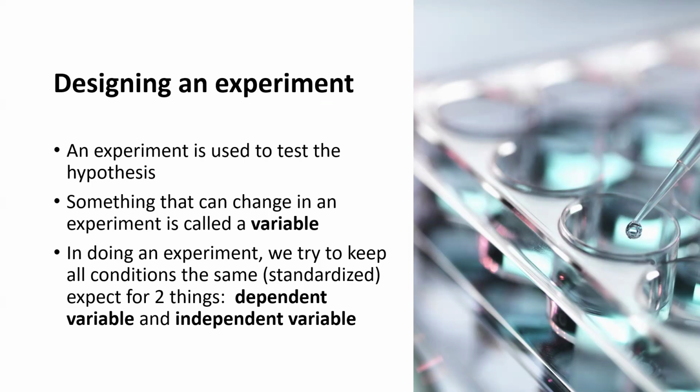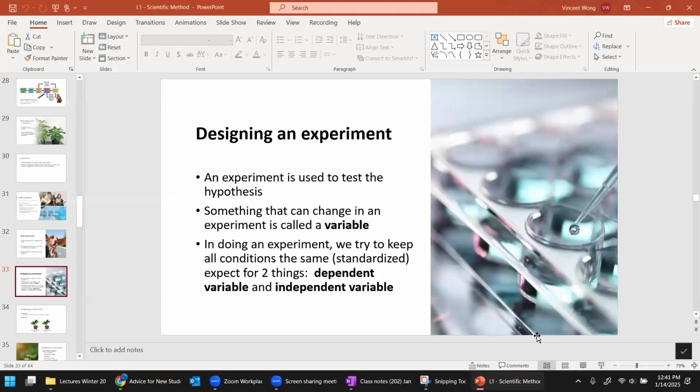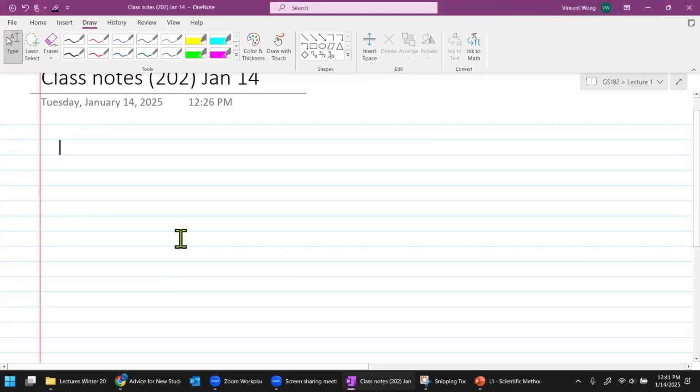We try to standardize them, except for the dependent and the independent variable. So this is where people get very confused. Even after I try to explain this for half an hour, a lot of people still get confused between dependent variable, independent variable, and standardized variable. And it's something that's important because you will use them in your lab, right? So let's try to take a note on this and ask me questions if you are confused.